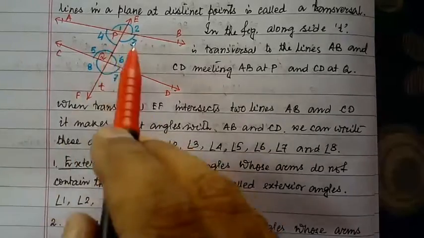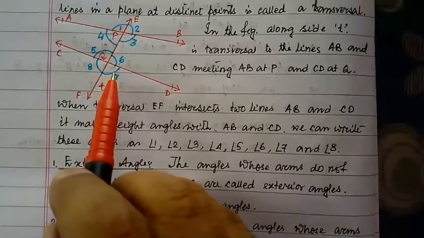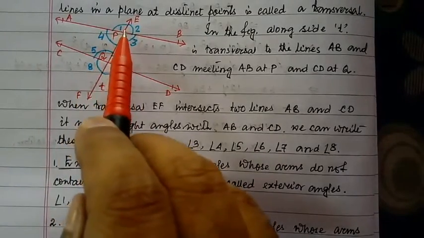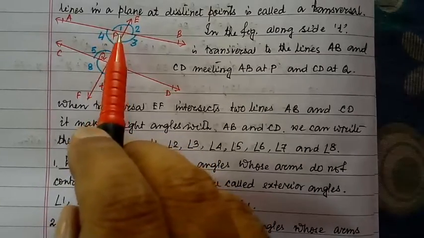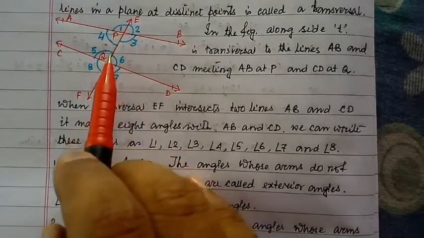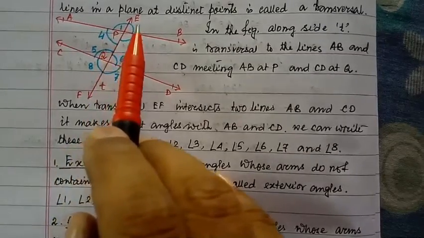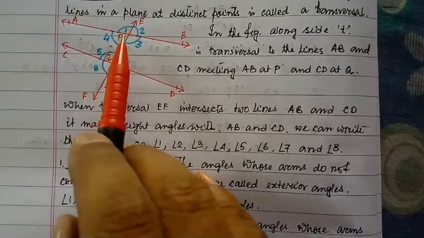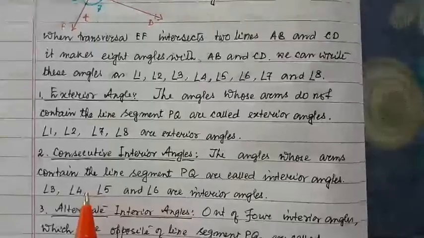In the figure, angle 1, angle 2, angle 7 and angle 8 do not contain the line segment PQ as their arms. Therefore, 1, 2, 7 and 8 are called the exterior angles.